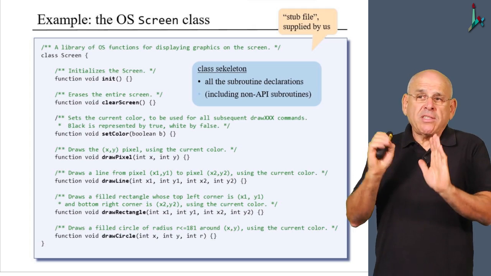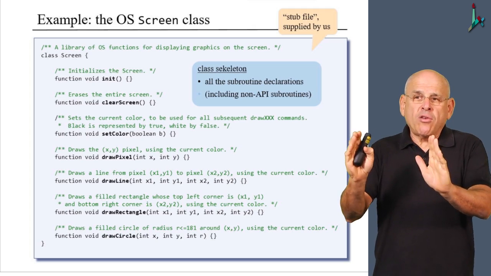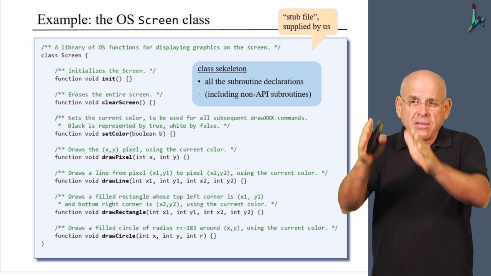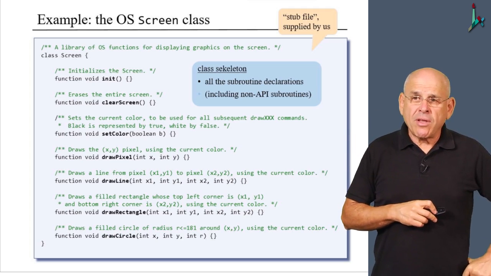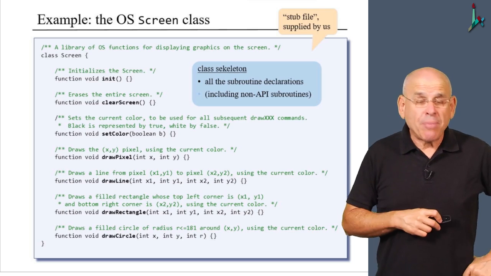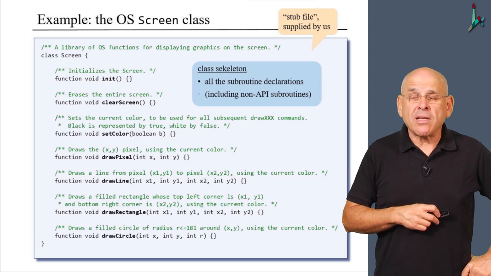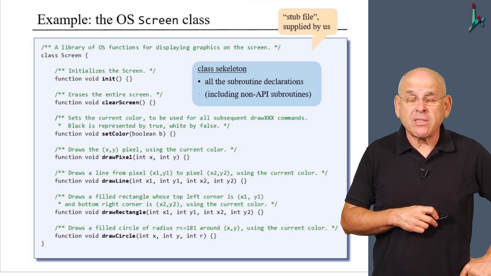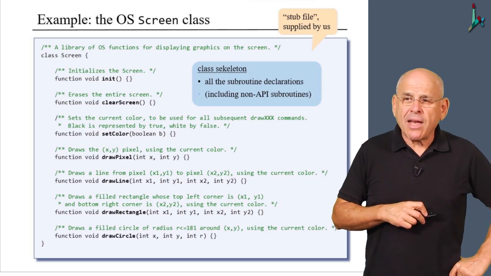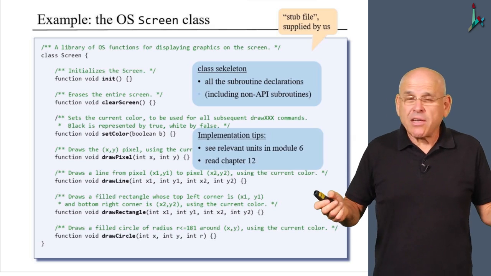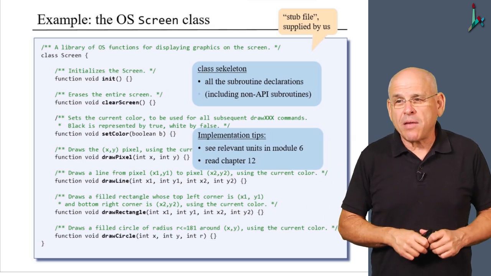In other words, this file was delivered to you by the system architect who said, now go on and implement every subroutine that you see here, including, for example, init, which is a subroutine that application programmers don't get to see. Now, how should you go about implementing this class? Well, we discussed it in several units in this module.